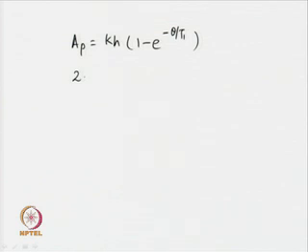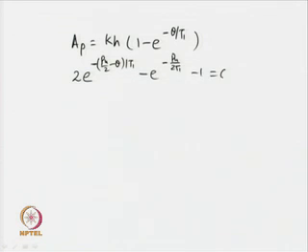The analysis gave us A p is equal to K h times (1 minus e to the power minus theta by T1), and further the limit cycle condition requires that 2 e to the power minus (Pu by 2 minus theta) by T1 minus e to the power minus Pu by 2 T1 minus 1 has to be 0. So, I can put now equation numbers 6 and 7.